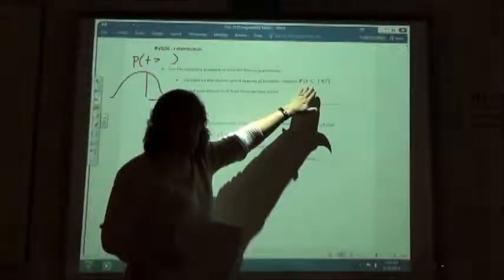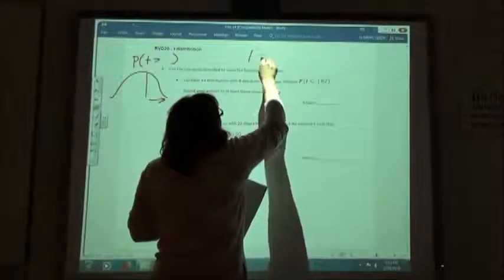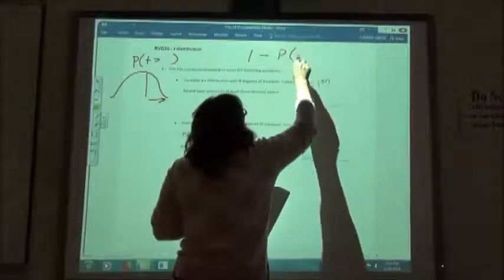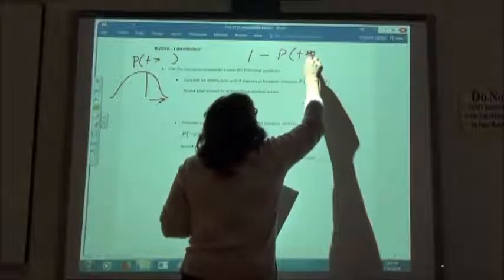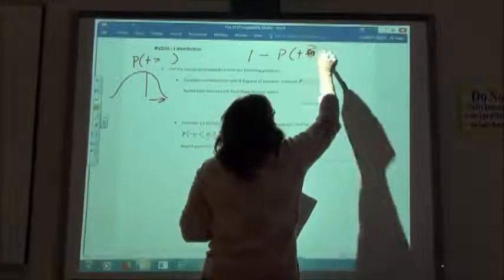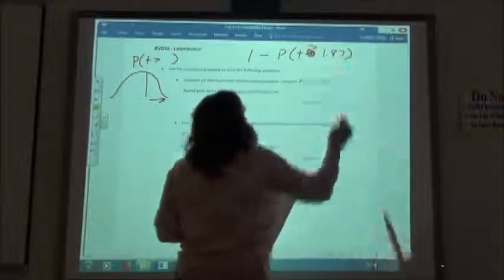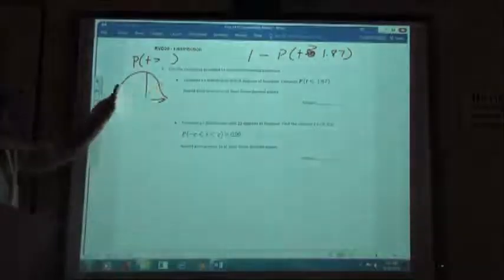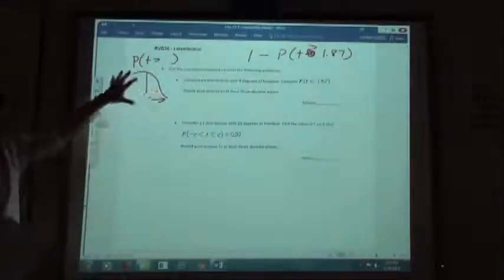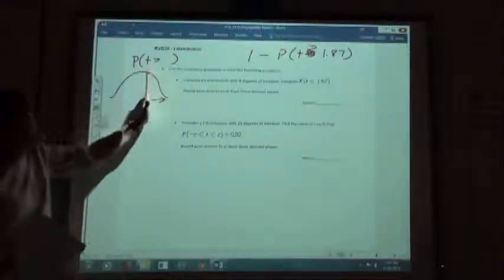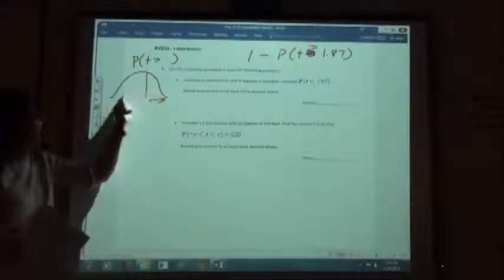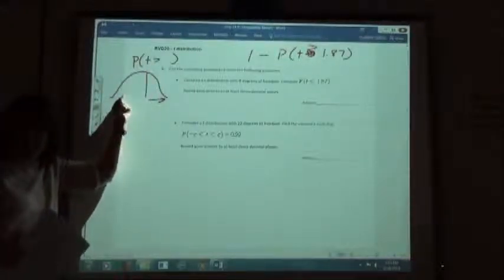If you're going to do a less than, like we are on this first one, we have to do 1 minus that value. P of T is greater than 1.87 in this case. The whole curve would be 100%, that would be 1. We would subtract off this part to the right if we want to know the part to the left.